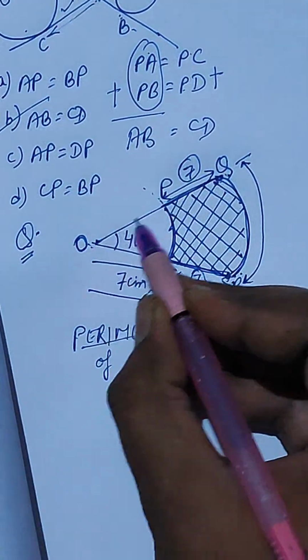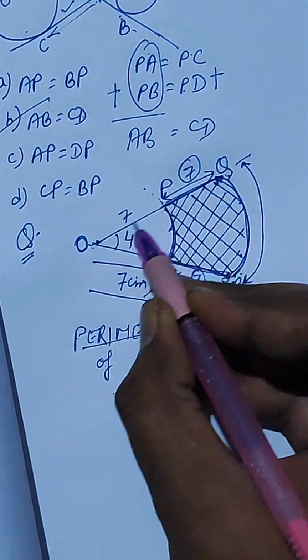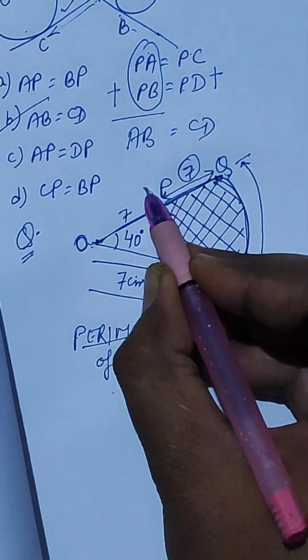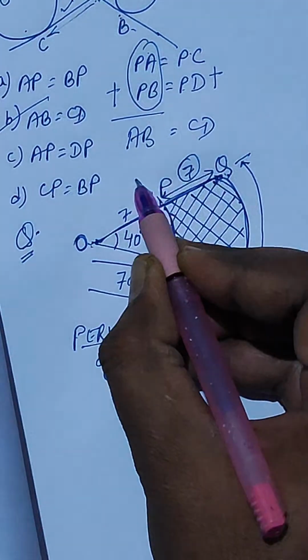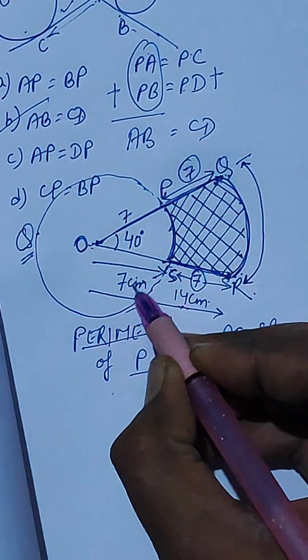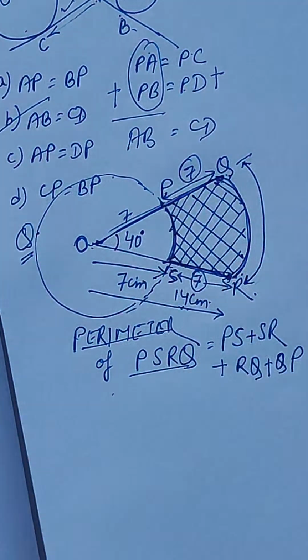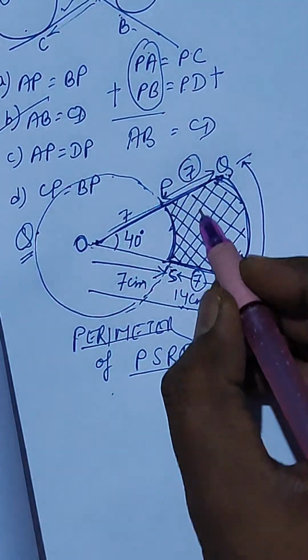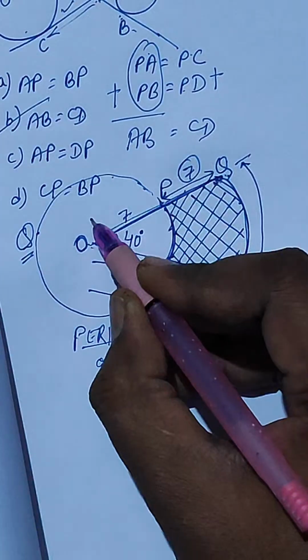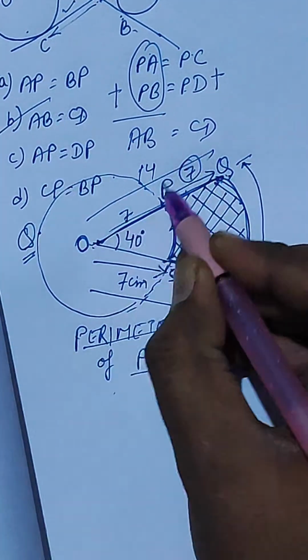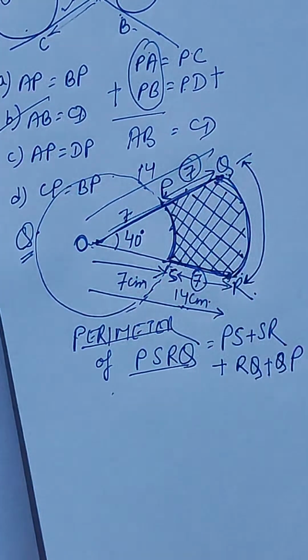So 14 minus this 7, because OP and OS are all part of the same circle, you can see. So this radius will be equal to this one, right? Now from here we can see that if this is 14 and this is 7, then 14 minus 7 will be equal to 7, right?